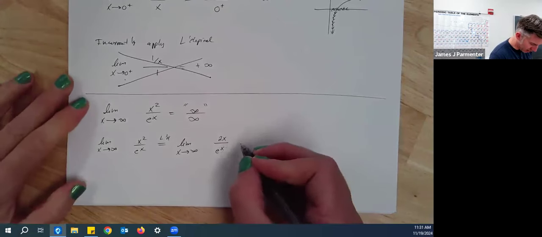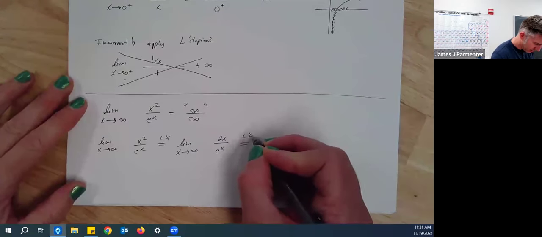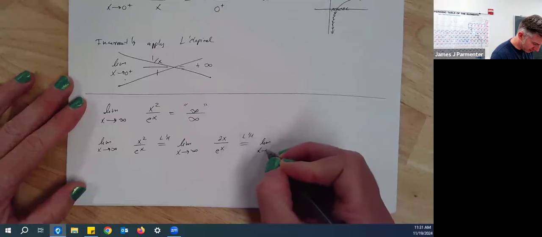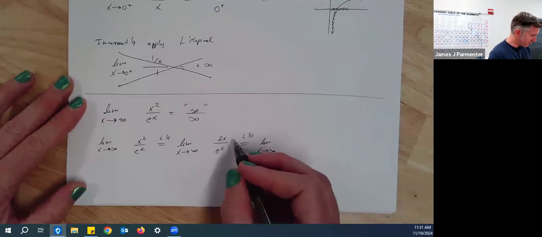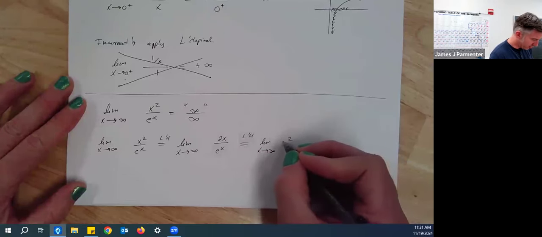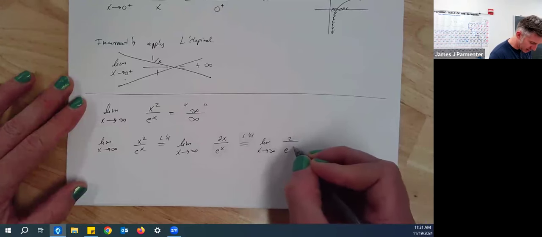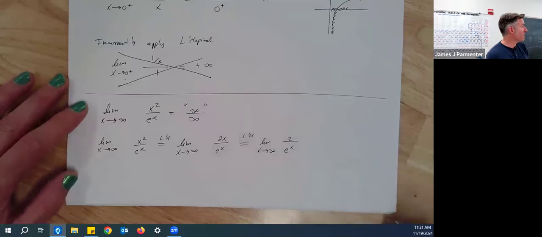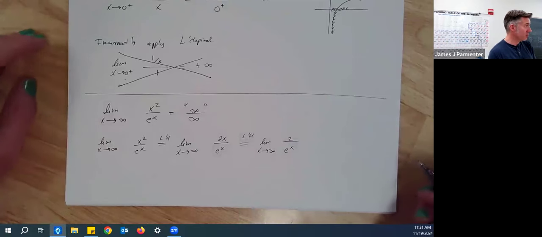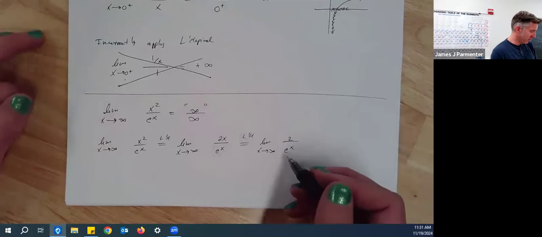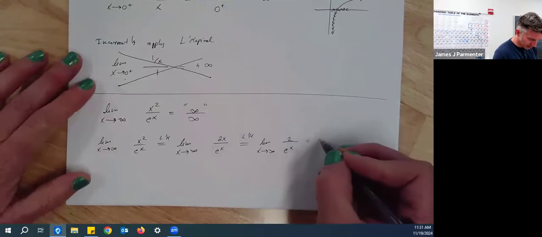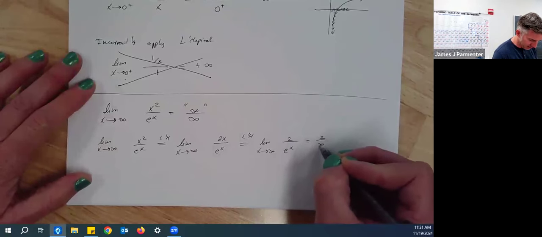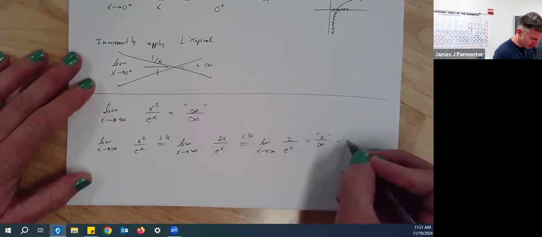So I'm going to use L'Hopital's rule again and get the limit as x approaches infinity of the derivative of 2x, which is 2, over the derivative of e to the x, which is still e to the x. And now the numerator isn't going to infinity. It's going to 2. And the denominator is getting infinitely large. And if you have something that's finite divided by something that's infinite, that's going to end up being 0.